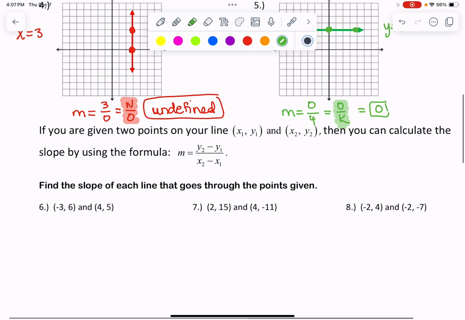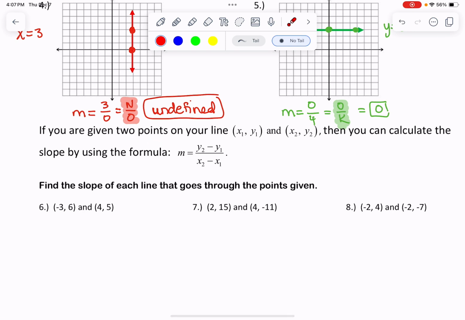If we take a look at our bottom examples, if you're given 2 points, x sub 1, y sub 1, that would be the first point, like in number 6 it's -3, 6, number 7 is 2, 15, number 8 is -2, 4. And you're given a second point, which we call x sub 2, y sub 2. That would account for our second point.